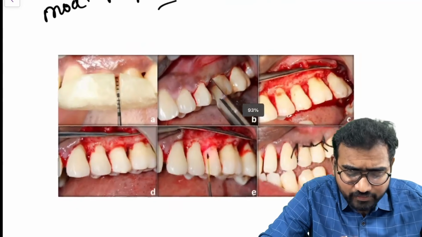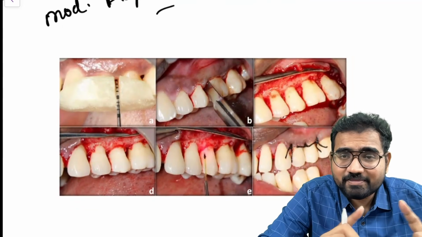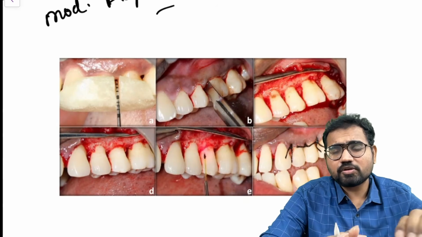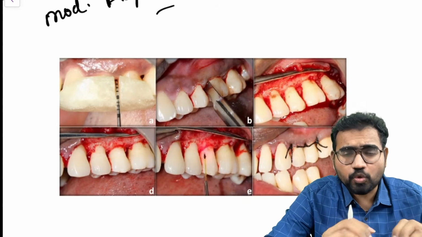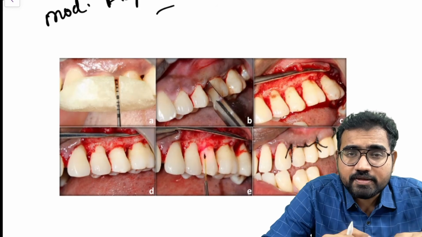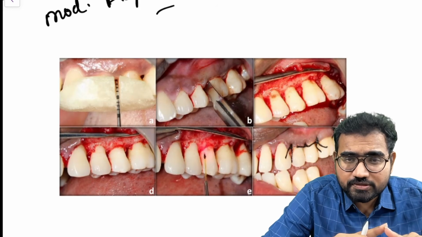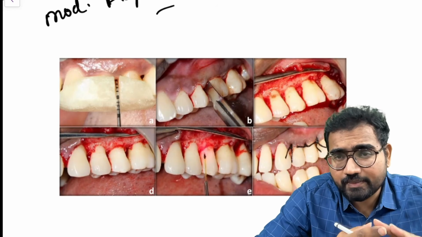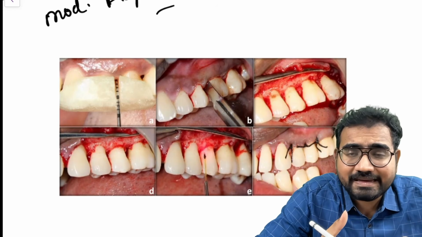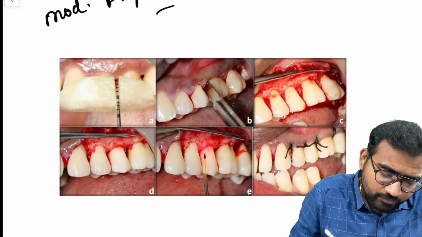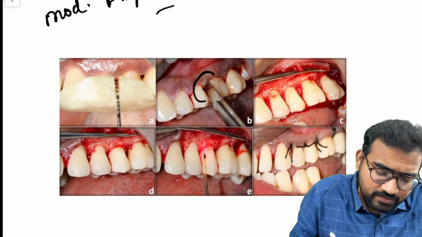In this technique, I'm not giving an internal bevel incision. This is a normal routine flap technique which most of the time we use. There are going to be only two incisions: sulcular and interdental incisions.